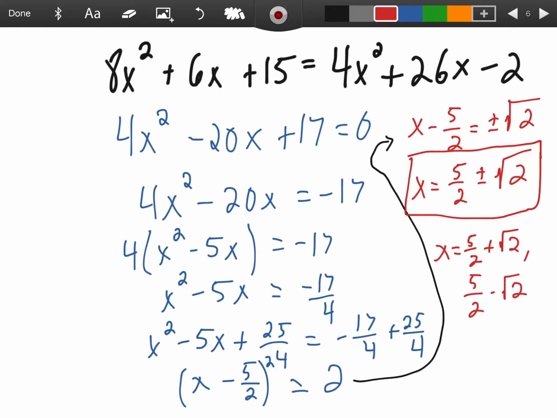All right, so we're completing the square here. We start just by trying to get the x squared plus bx by itself. We complete the square by dividing by 2, squaring, adding to both sides. And then we'll just extract square roots from there.